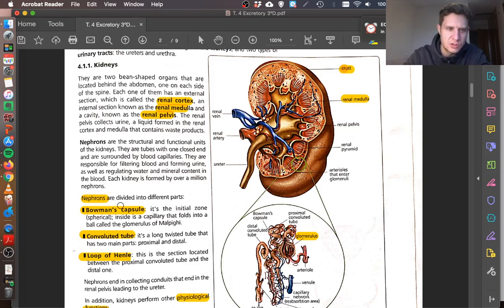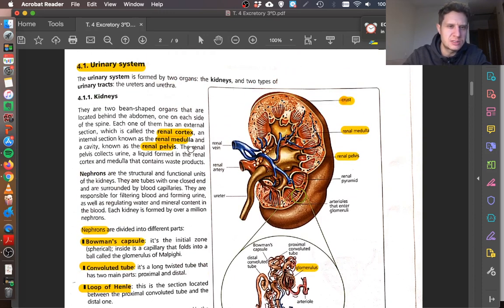So where is the Bowman capsule? A possible exam question would be, where is Bowman's capsule situated? It is in the crust. Where are the tubes situated? In the renal medulla. Where is the urine located? In the renal pelvis.